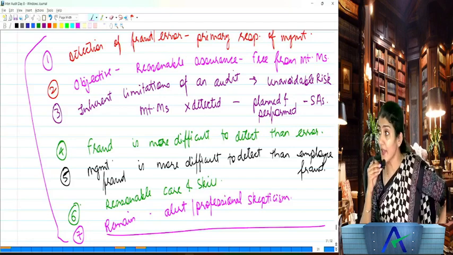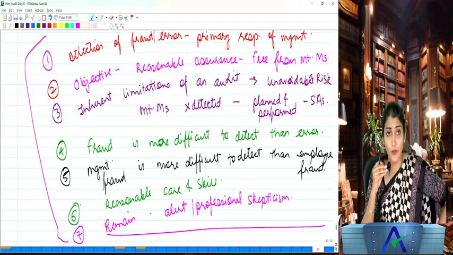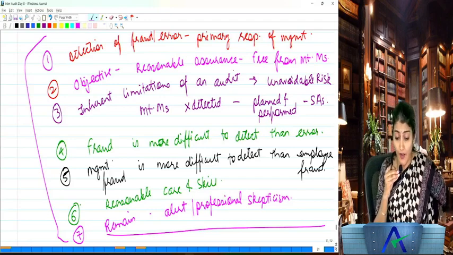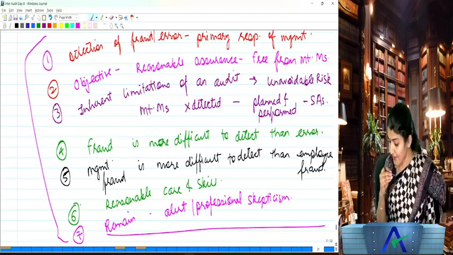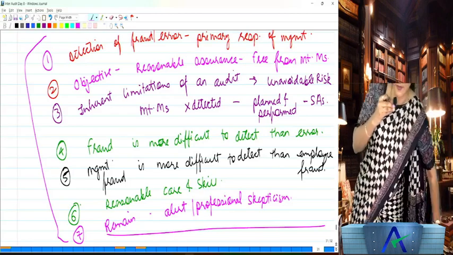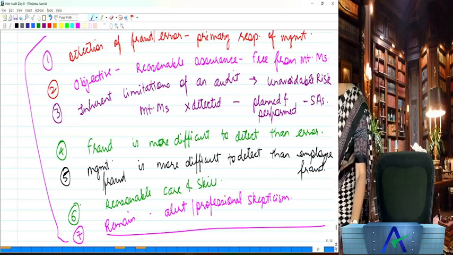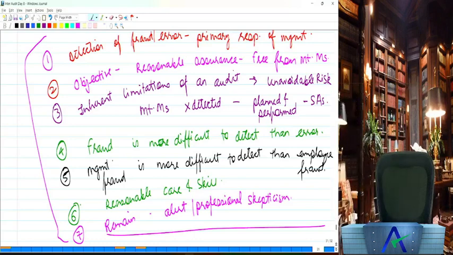Yes, due to the inherent limitations of an audit, there is an unavoidable risk that some material misstatements may not be detected, even if the audit has been planned and performed in accordance with the SAs. Then he says, fraud is more difficult to detect than error, and management fraud is more difficult to detect than employee fraud.